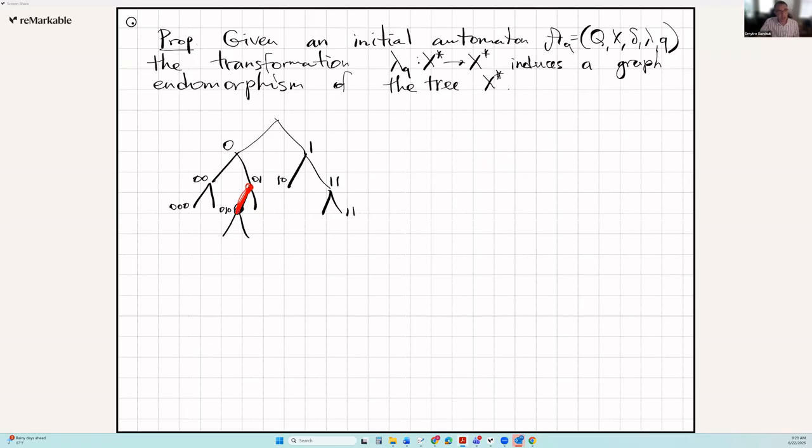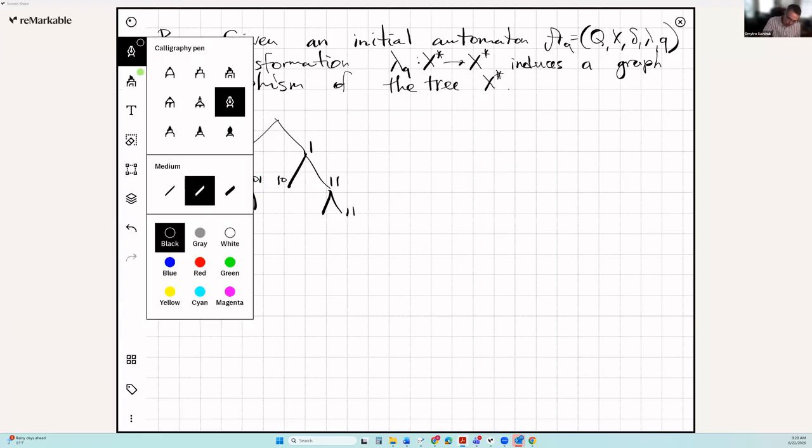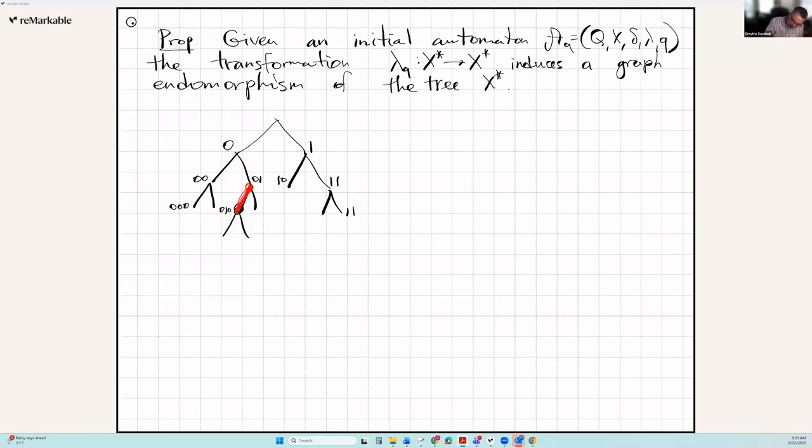So you get the child from the parent by appending one letter at the end. And then if you start acting on this string or on this string by this transformation lambda q of an automaton, you first process the beginning, and after you process the beginning, maybe, for example, this vertex went to this vertex here.